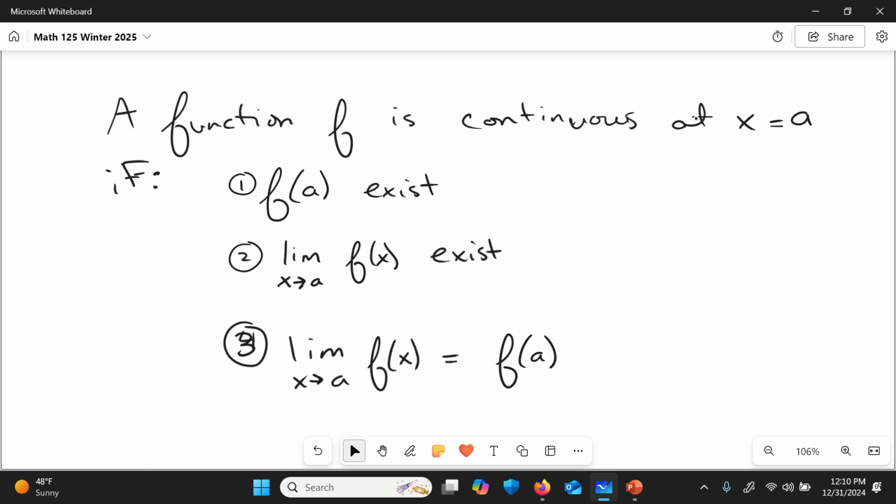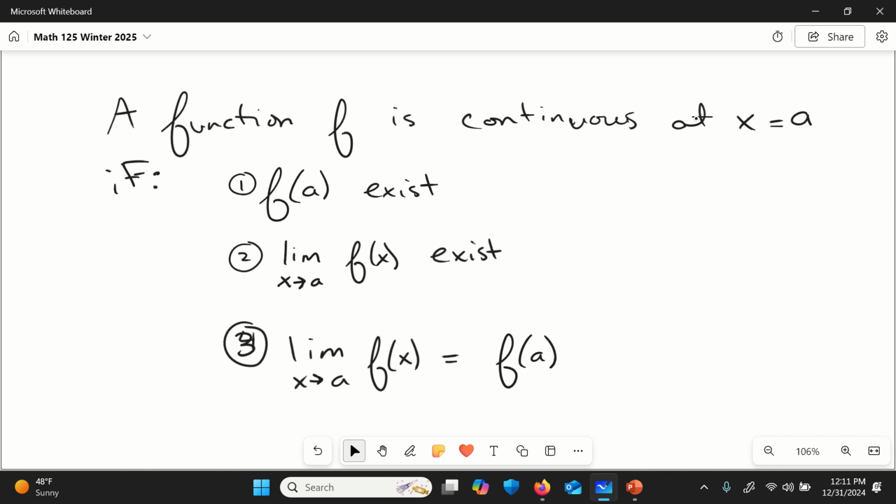If we're looking to determine not for a single point, but over an interval, we say a function is continuous over an open interval if it's continuous at all of the points in the interval. So these properties have to hold true for all of the numbers in that interval, not just one single value.